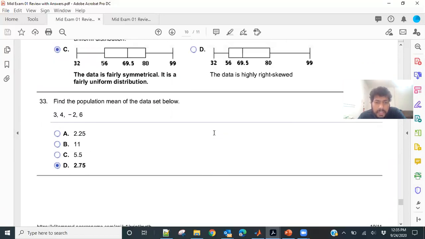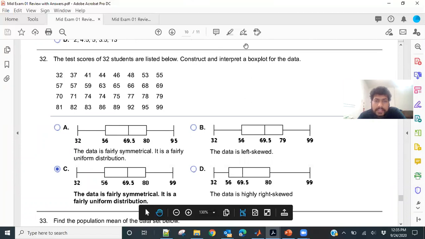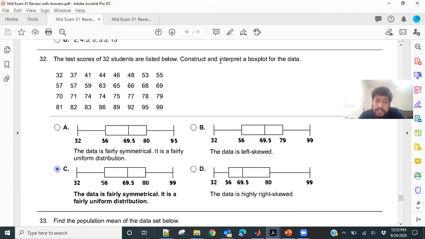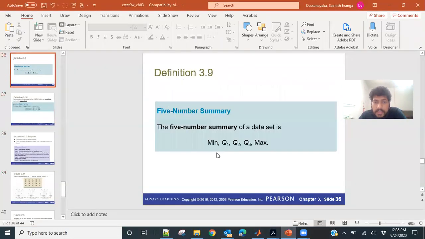There is one more thing. When you draw the box plot, here it is just the box plot. They haven't mentioned anything regarding outliers. If they have mentioned draw the box plot and mention the outliers, then you have to follow this.